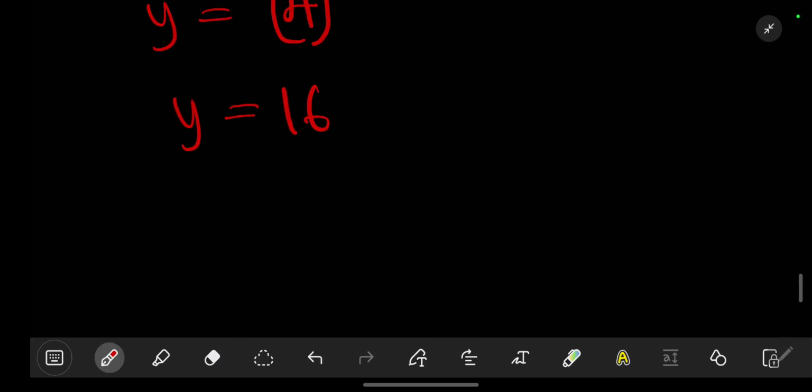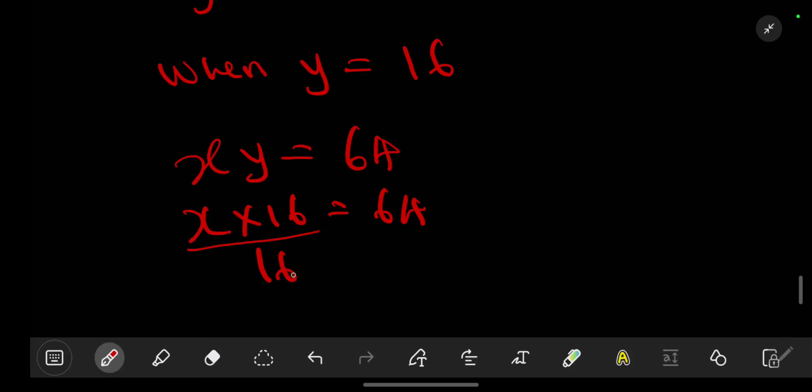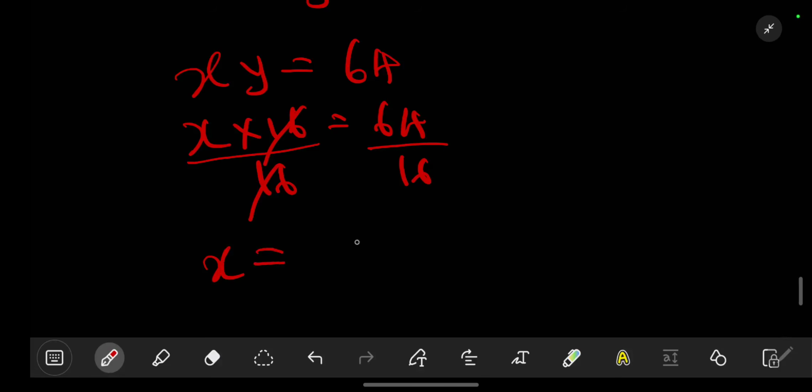So when y is equal to 16, for the equation that is saying xy is equal to 64, where there is y we put 16, should be equal to 64. We divide by 16 over 16, so our x value is equal to 4.